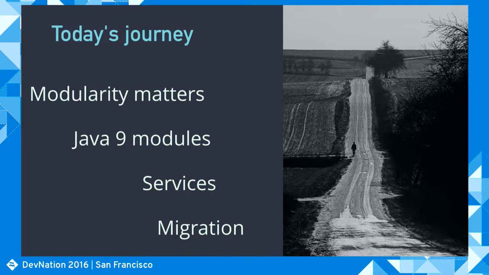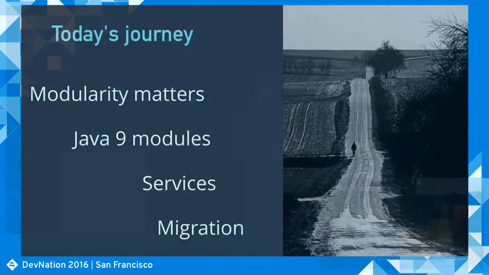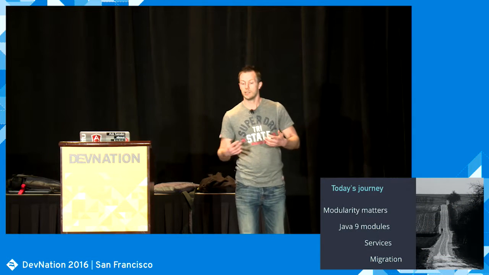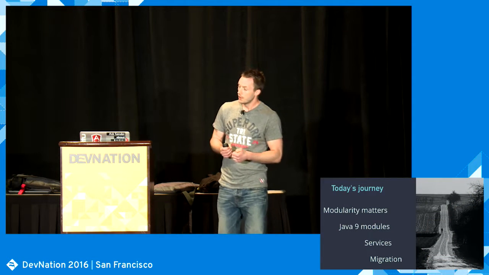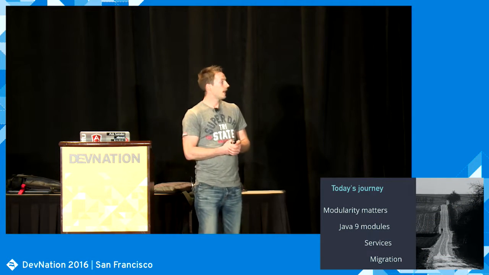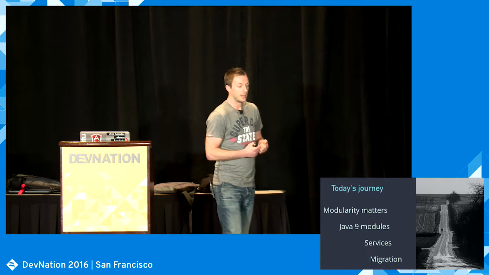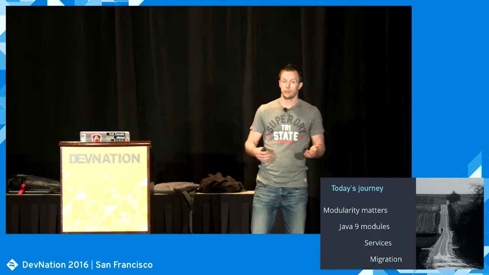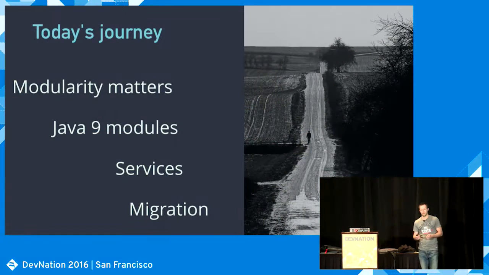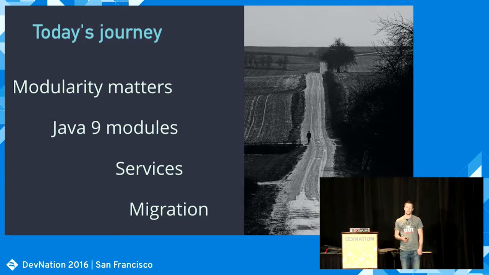We will also talk about services, which is an existing old concept in Java, but probably most of you don't really know about it, and it's getting a new life in Java 9. We will look at linking, and finally we will start looking at how to migrate existing code to this module system, because it's nice if you can write new applications with modules in mind, but it would be even better if we can actually take our existing code bases and migrate them to the future.